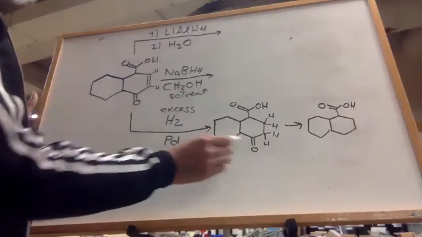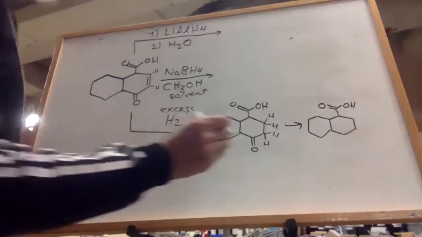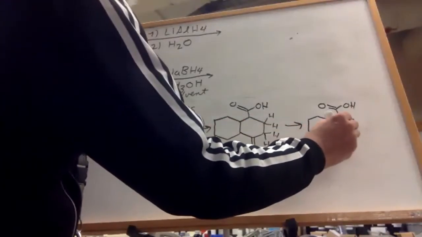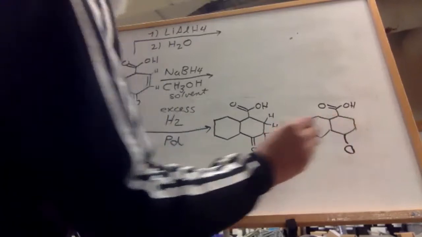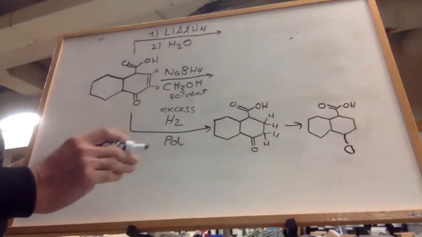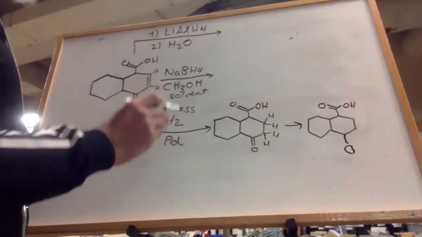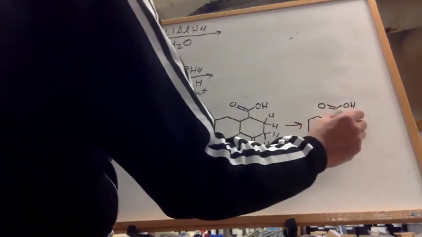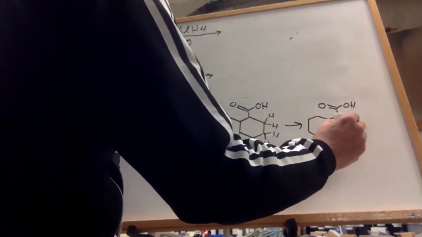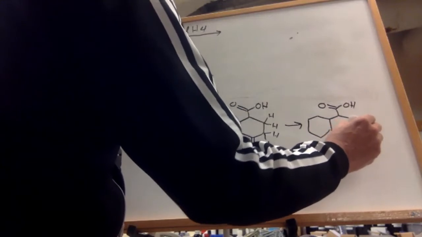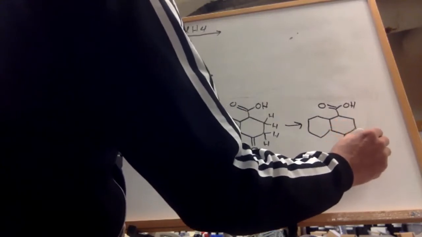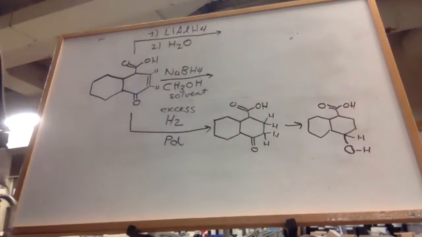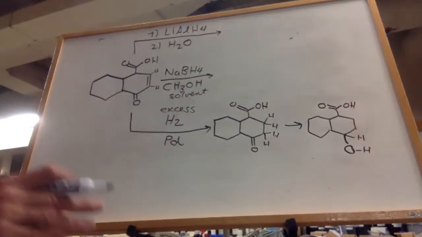The carbon-oxygen double bond will be taken down to a carbon-oxygen single bond, and hydrogen will add across where that carbon-oxygen double bond used to be. So I could put a hydrogen there, and I could put a hydrogen there as well. Okay, so that's going to be the reduction product with hydrogen.